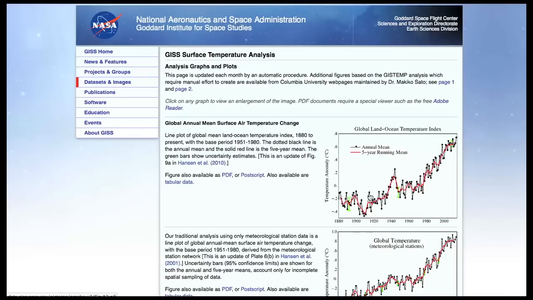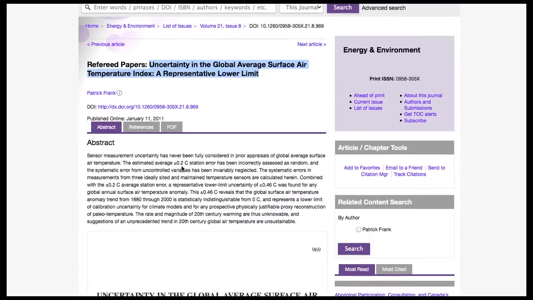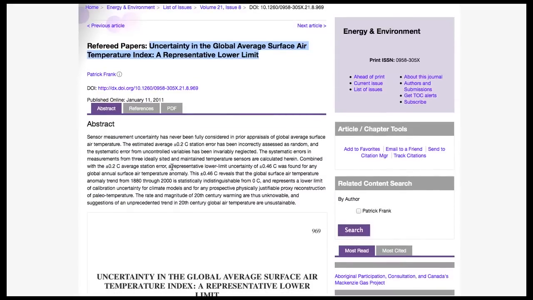But what is the actual uncertainty in these figures? Has anyone calculated that? Well, it turns out someone actually did, in this paper, "Uncertainty in the Global Average Surface Air Temperature Index, a representative lower limit." And here's the money shot. A representative lower limit uncertainty of plus minus 0.46 degrees Celsius was found for any global annual surface air temperature anomaly.